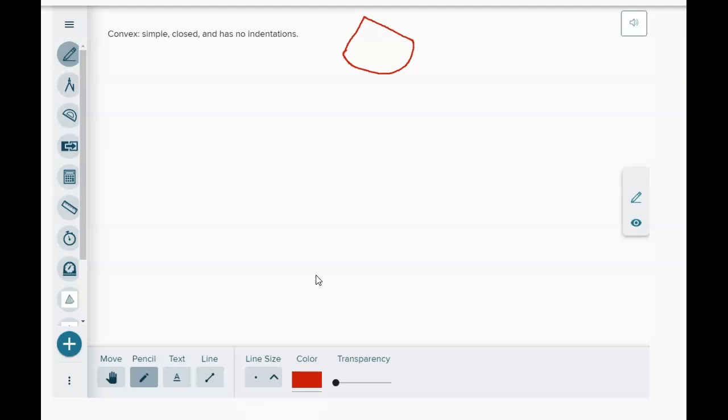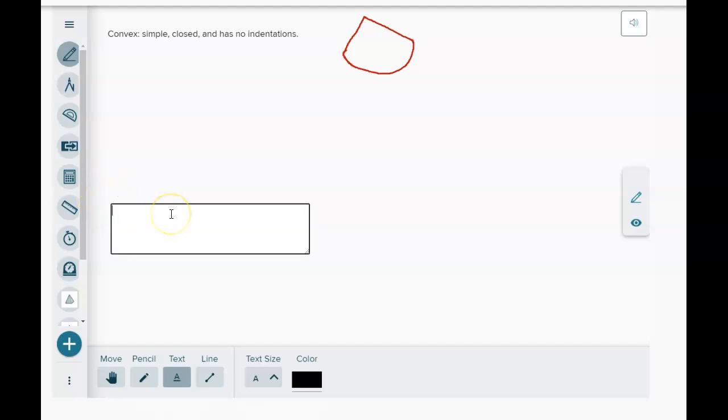Now, if I talk about indentions, those are what we consider concave. And to help you with the difference, think of a cave as being inside, inside the earth, things of that nature. It's closed and has an indentation.